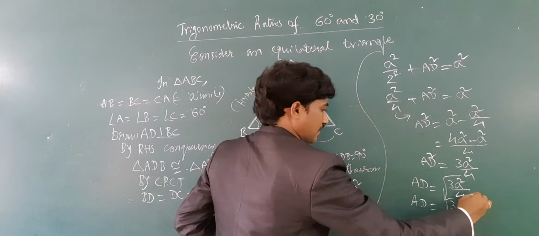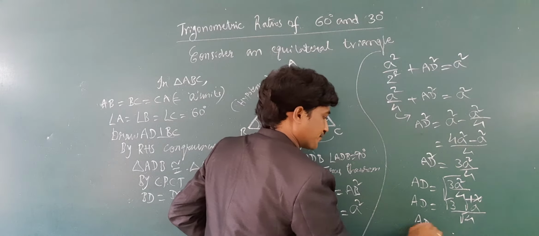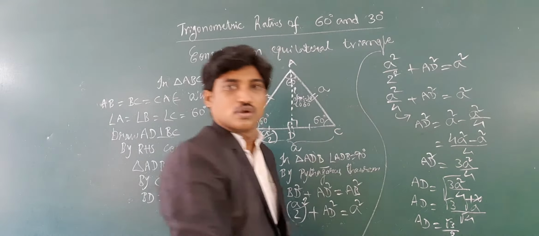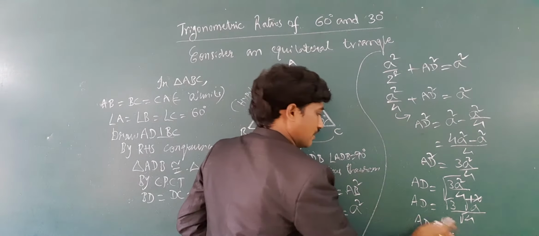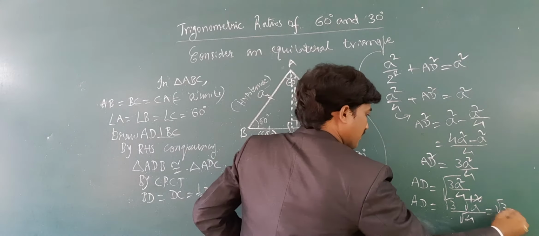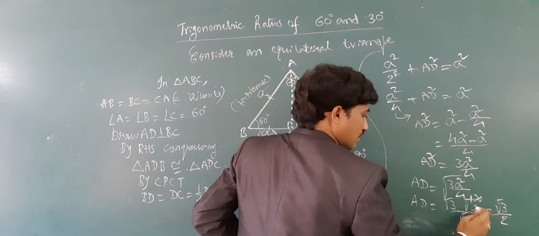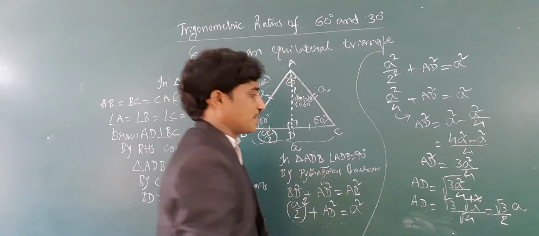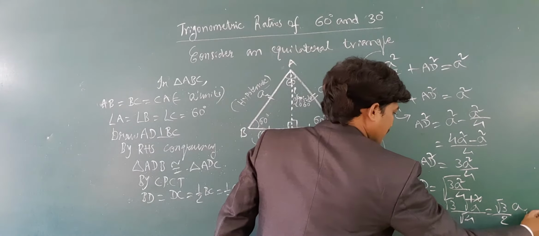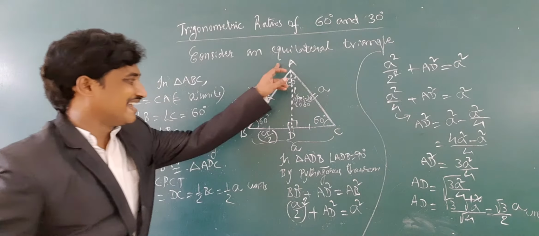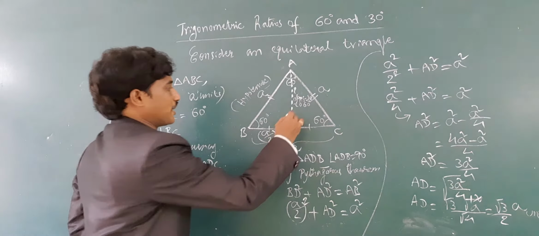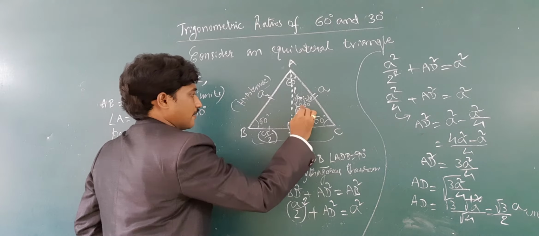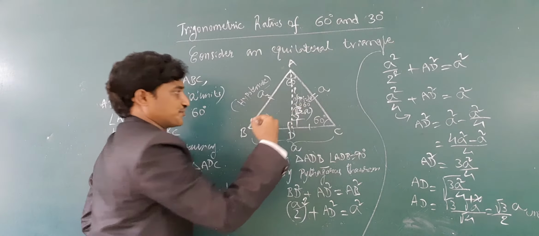Cancelling the square and root, AD is root 3 by 2 into A. So the length of AD is root 3 by 2 A units.